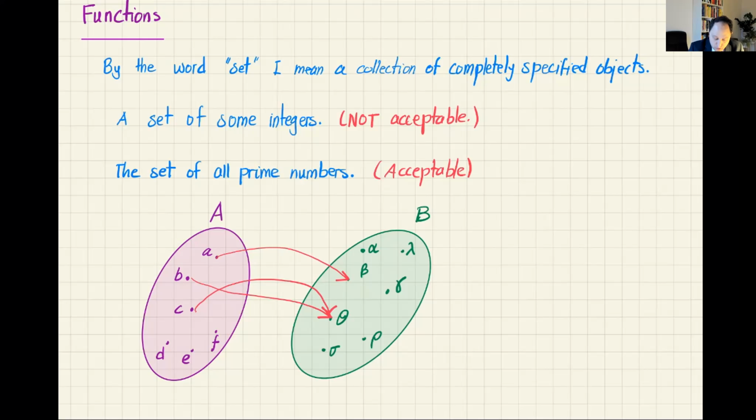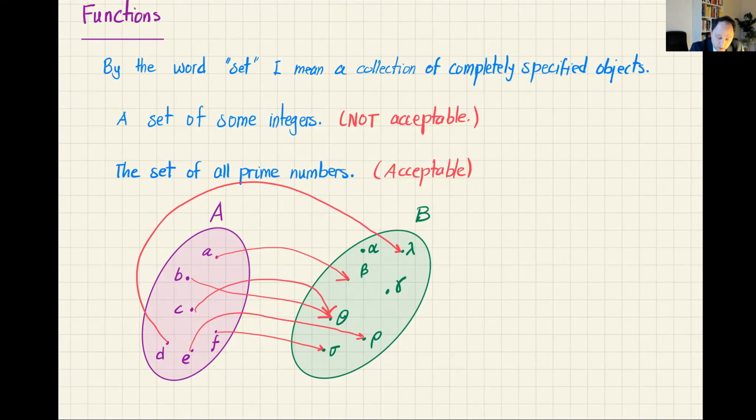You can choose to assign C to sigma, assign A to rho. I don't know, finally, you can decide to assign this to gamma. Okay, so I'm just playing a game. This kind of assignment is called a function from the set A to the set B.